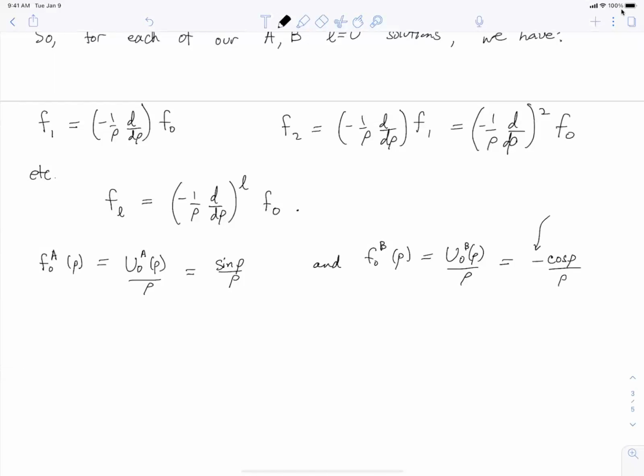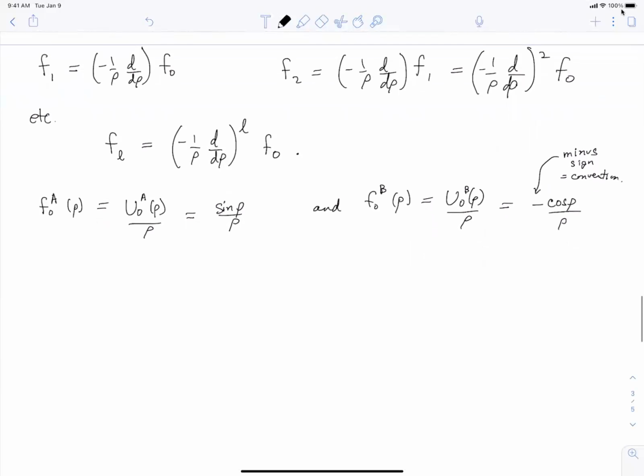The minus sign is just a convention. Somebody long ago decided it would be more convenient if that had a minus sign. There are actually good reasons for that that we'll maybe see later.